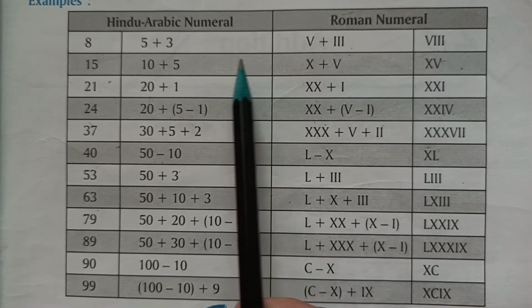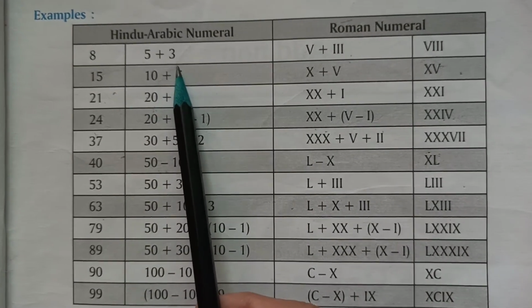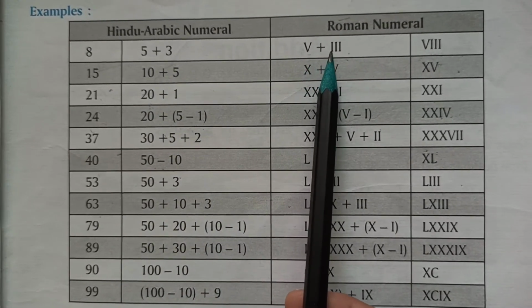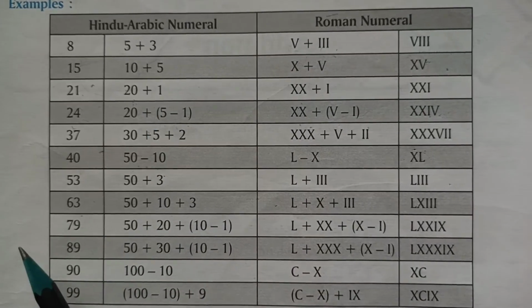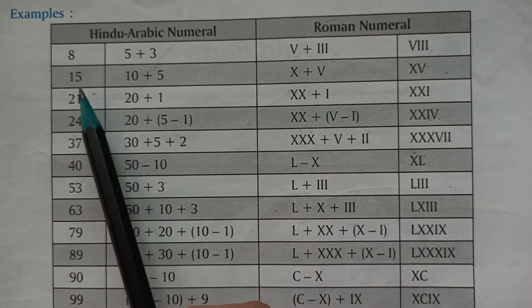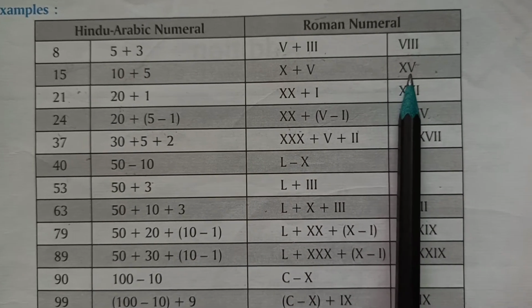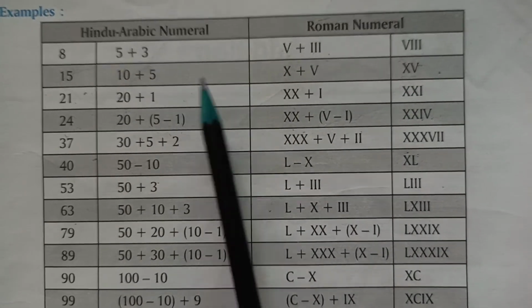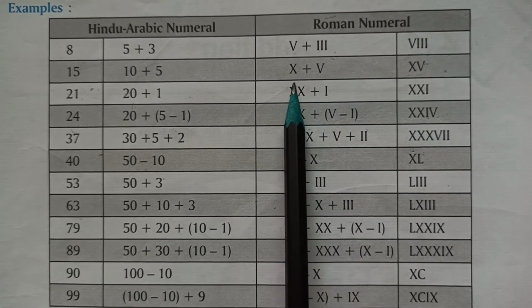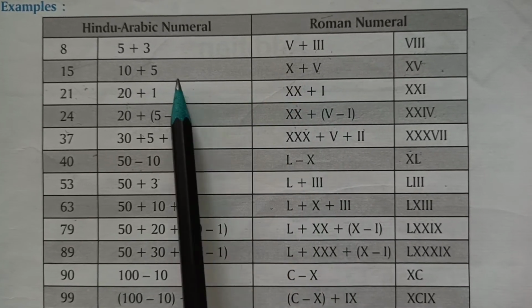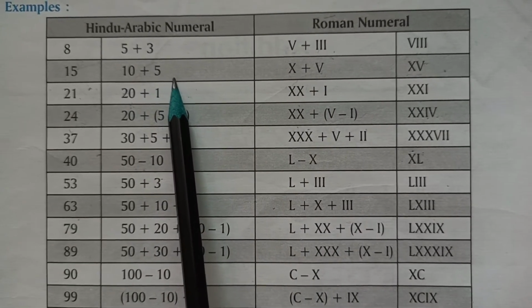It means 3. That is 5 plus 3, that is V plus 3I. It is 8. Similarly 15. How do we write 15? XV. X denotes 10 and V denotes 5. It means 10 plus 5.